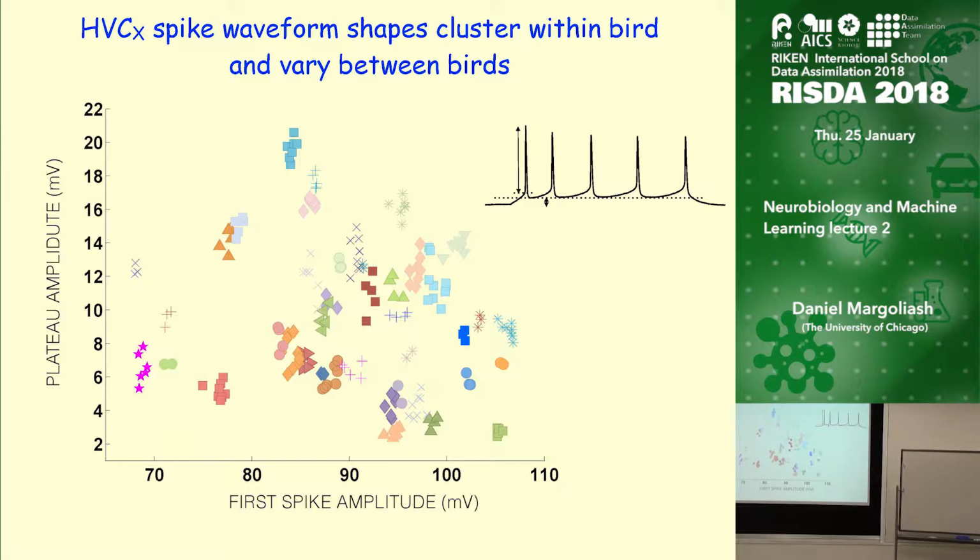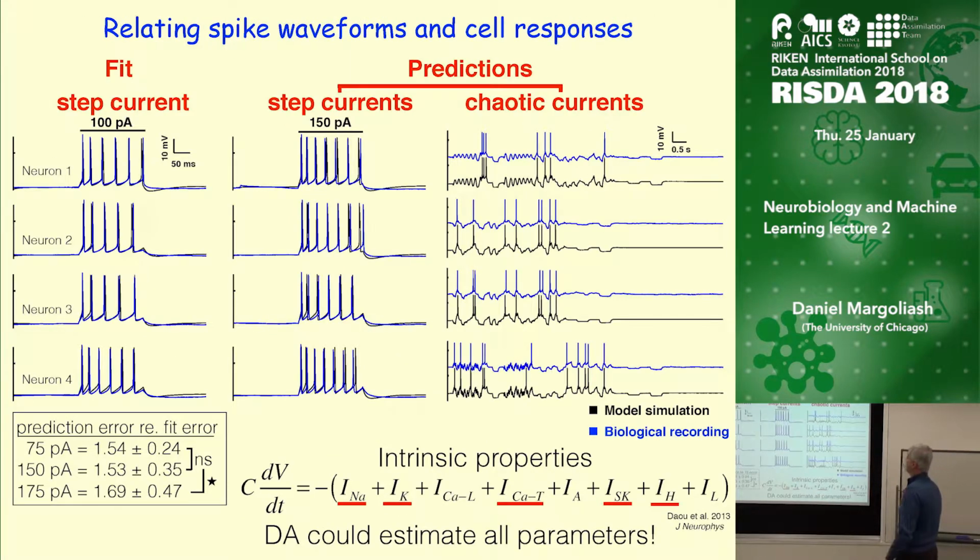So how do we deal with this? Well, I caught myself from saying something silly, which is, of course, there's a relationship between the spike waveform and the bursting or the activity of the cell. That's what we talked about at the end of the last lecture, right? It's the Hodgkin-Huxley equation. It's the information that the cell transmits from its inputs to its outputs via the activity of these various ion and calcium-gated channels.